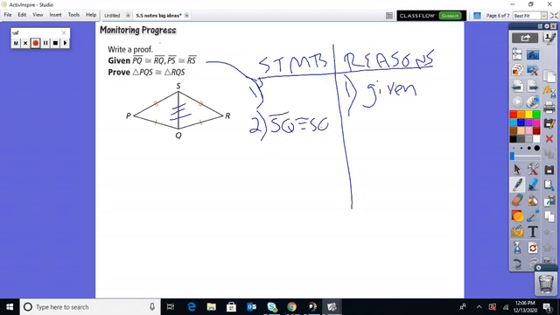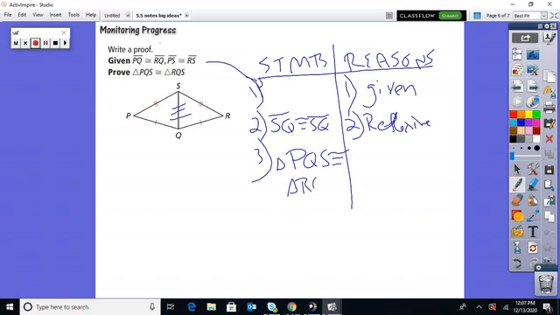SQ congruent to SQ, reflexive. And then now we can say triangle PQS congruent to triangle RQS, side, side, side. 3 steps, as fast as you'll see. They could give you everything, it'd be only 2 steps, but the book's not going to do that.